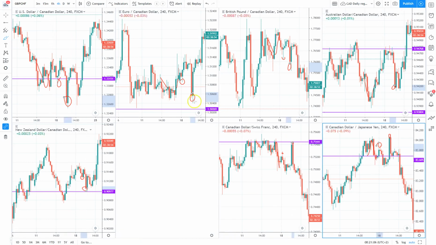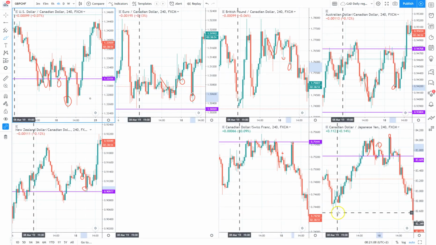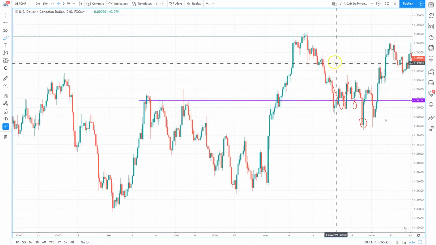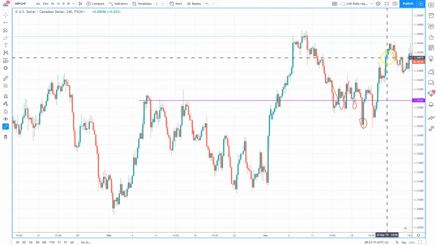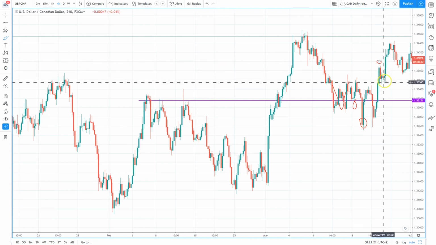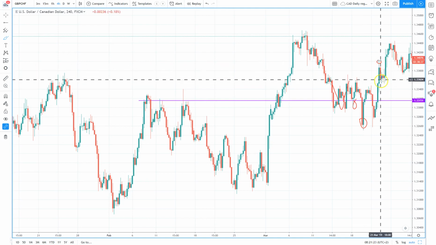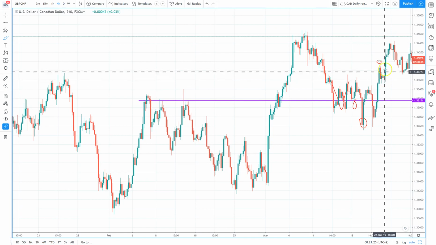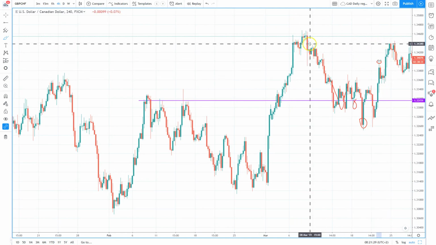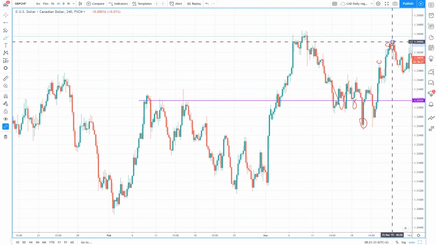Okay, so now let's have a look at the exits. Let's start with this one. Recent high. Well, I'd say this would actually already be an interesting exit zone. But if you decide to get in later on this second set of tests, then yeah, obviously around here is an area of interest. Price has bounced around here, so definitely a good exit.